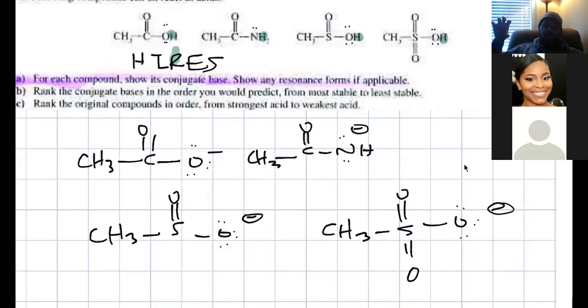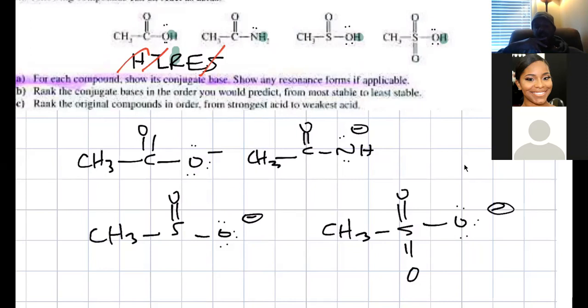And there's really not any induction that's going to play a role. And the hybridization state of each atom is the same, right? So we don't have to think about hybridization or induction or size, because oxygen and nitrogen are not that far apart in atomic radius. So it's really going to come down to resonance and electronegativity. Is that okay?